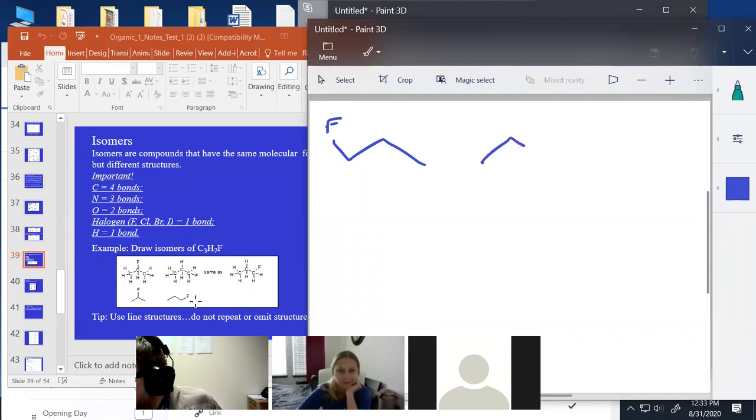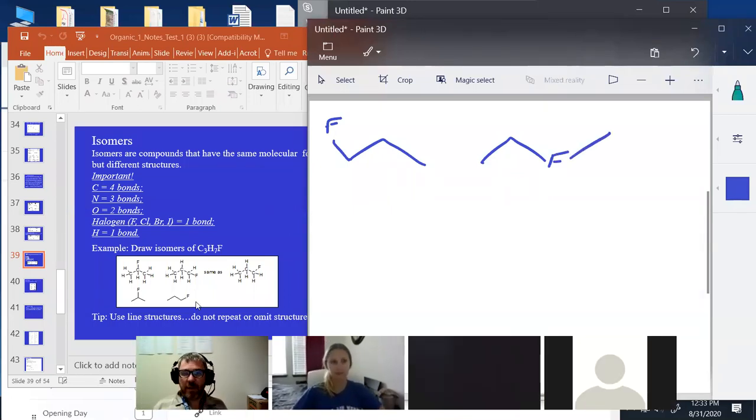Now, the other thing we know is that something like that is impossible. Why? Because up here, we already know that halogens can only have one bond. So I can't draw anything where the halogen is in between two carbon atoms.